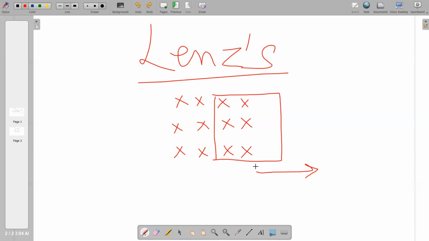Clockwise, anti-clockwise? Clockwise. So you say it is clockwise. Basically I am moving the coil away, so that means crosses are reducing. So it will try to produce more crosses. So yes, the direction should be upwards.